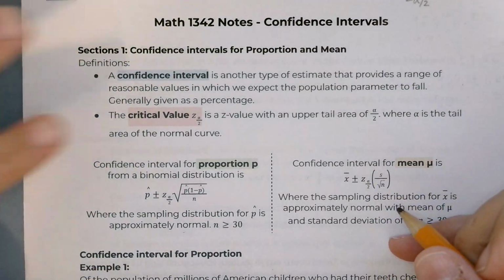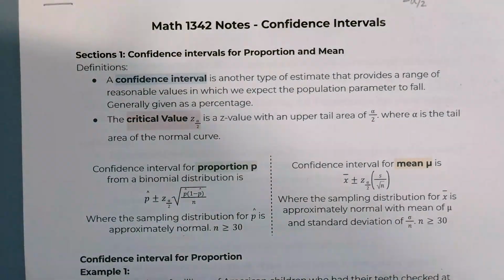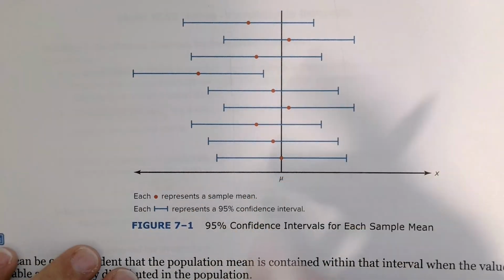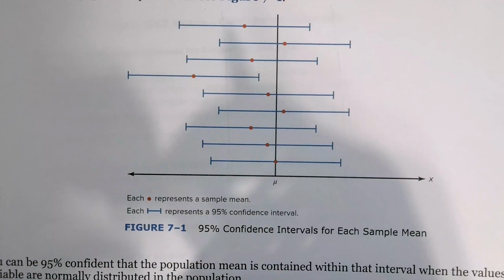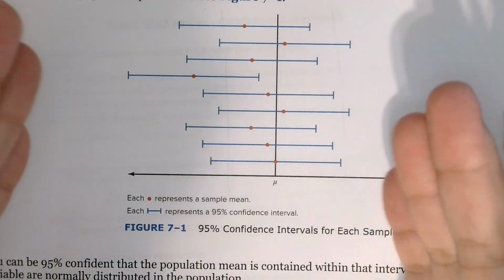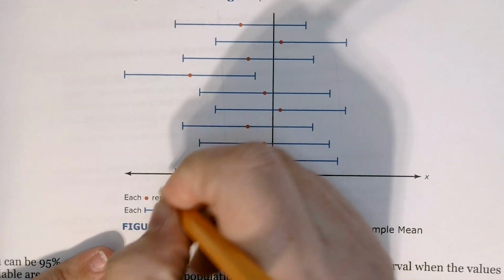Okay, so I have some pictures so I can kind of show you. So let's say that we took a bunch of samples. Comparing to my population mean, I can tell you that any sample you take should fall within this range of numbers from my mean. Let's say I want a 95% confidence interval.